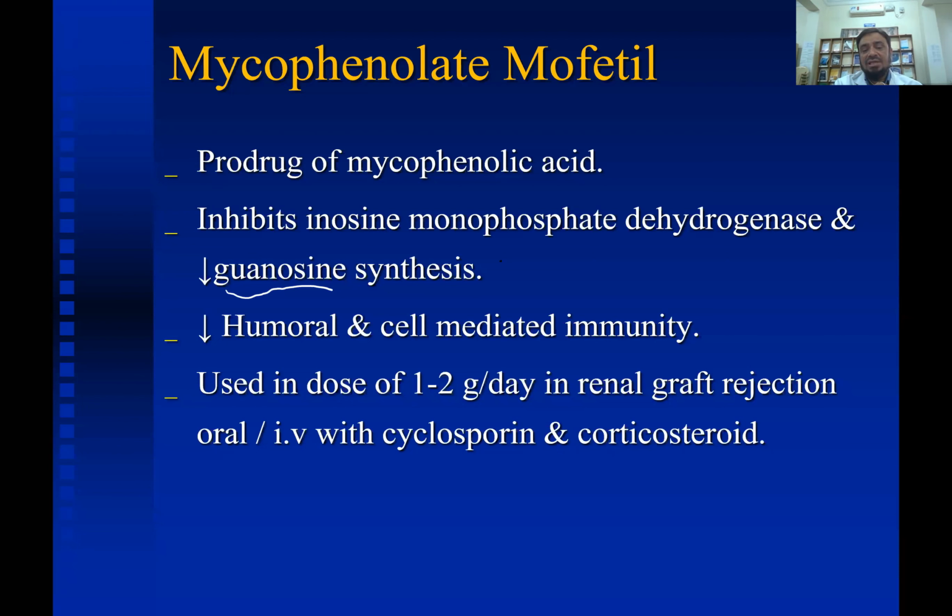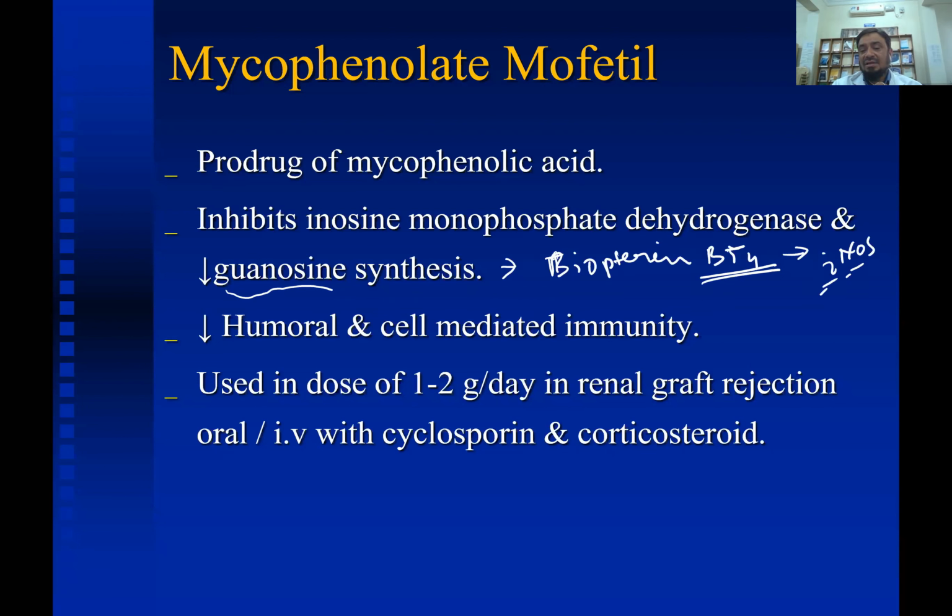This guanosine is required for the synthesis of biopterin or tetrahydrobiopterin. Okay, so this biopterin is one of the components of iNOS. What is iNOS? iNOS is inducible nitric oxide synthase.